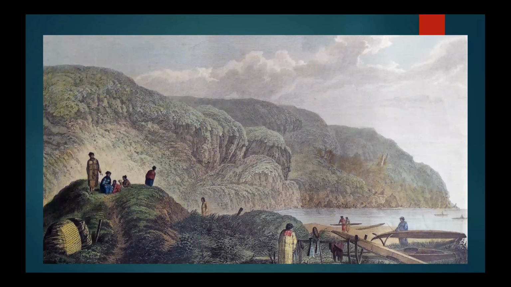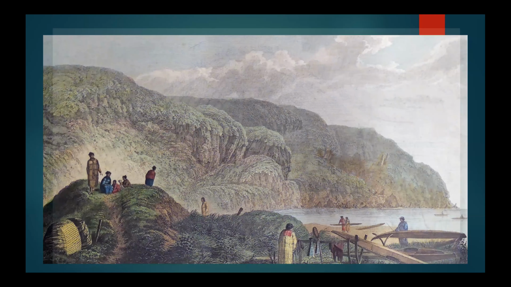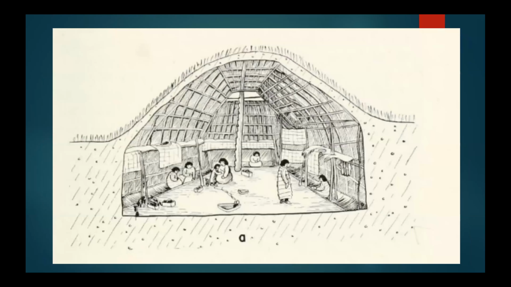Some of the drawings at contact would look like this, where you have a mound. In this case, these are Unungan or Aleut villages, in which the entrance to the house would actually be in the center through the top of the house, something like this. In other areas of Alaska, they would have a different type of house, maybe instead of a tunnel through the top.